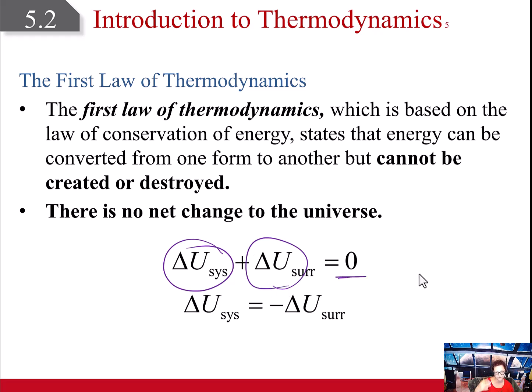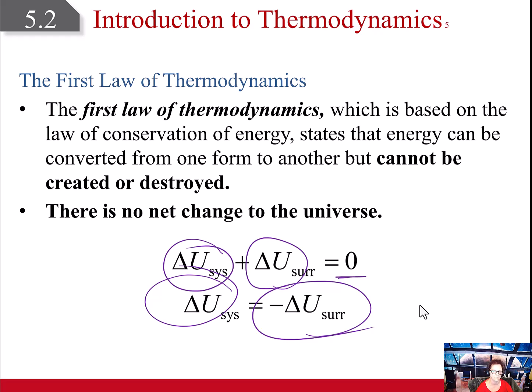So if you increase one, the other goes down, that kind of thing. Another way of saying that mathematically is the change in the system is going to be equal to the negative change of the surroundings. So if you increase one, you decrease the other.